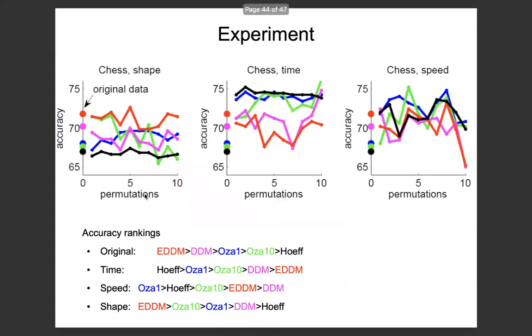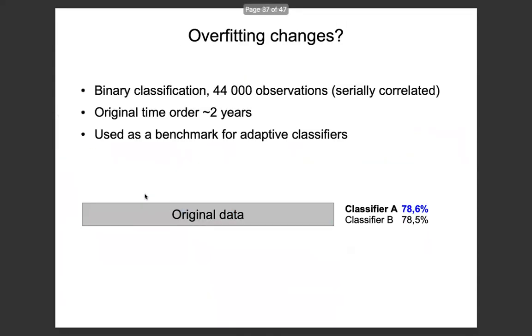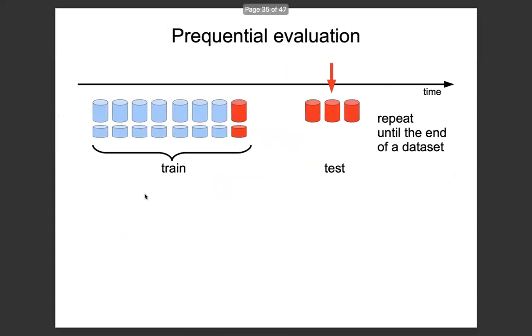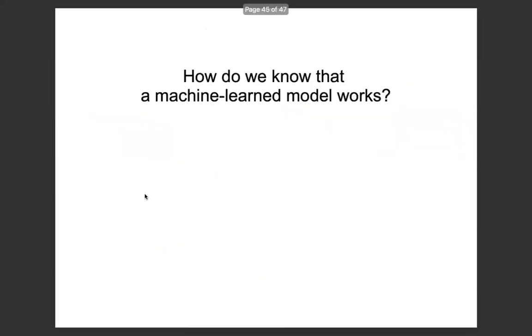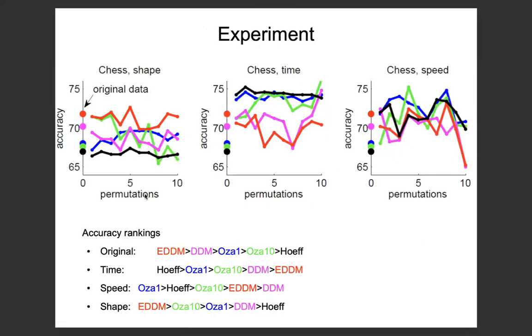This is an illustration: the original sequential validation, like cross-validation, would only give one value of accuracy for one sequence for adaptive machine learning, whereas with controlled permutations one can do multiple versions and see the variance of the accuracy under different changes.